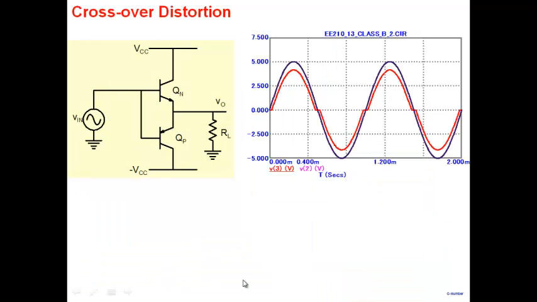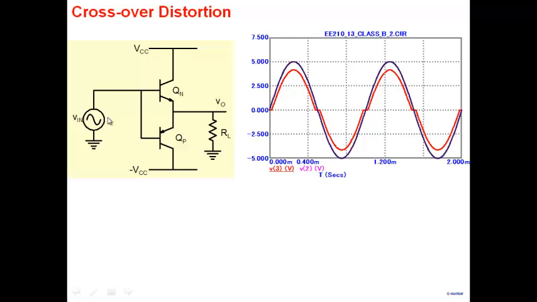And the problem that I talked about with this particular amplifier was that when the input voltage is small, for example, let's look at the positive cycle here. When the input voltage is small, the transistor is not on, and nothing flows here, and that's why you see that there's no voltage here.